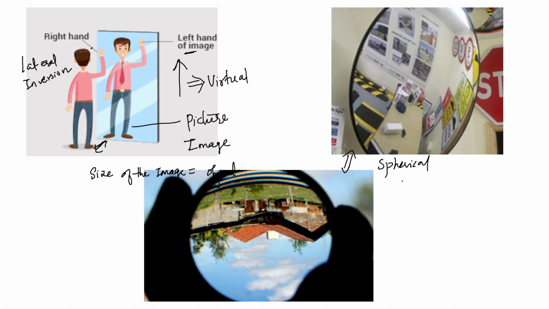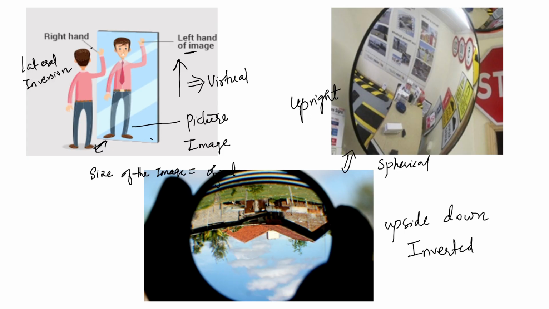Very good. In the first mirror, you can see the same upright images. And what about this one? This is upside down. Another term we use for upside down is inverted. What is the other term we use for upright? Virtual.